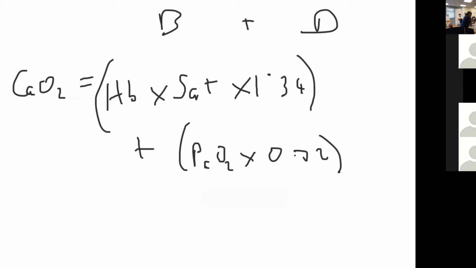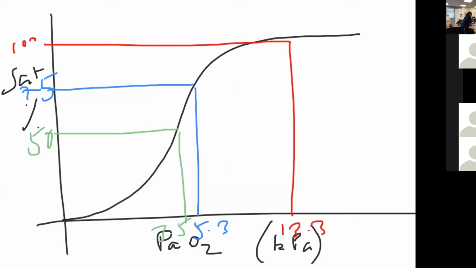Now, just for completeness, you drew a lovely graph earlier. Are you able to tell me which factors would move your curve to the right and to the left? Okay, so factors that affect the P50 value of the oxyhemoglobin dissociation. That's right. So if the curve moves to the right, this decreases the affinity of hemoglobin for oxygen.